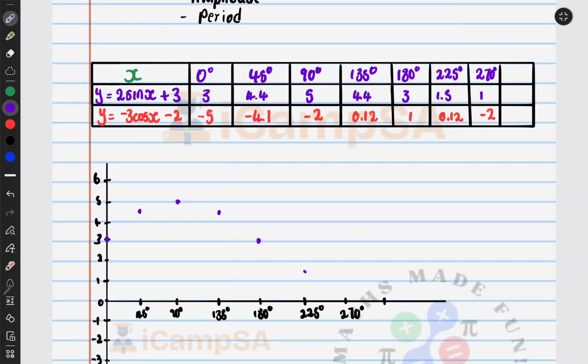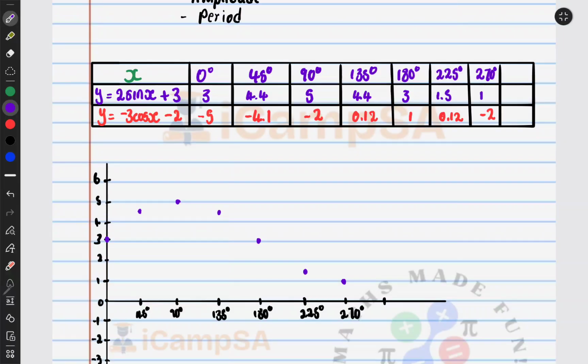So 1.5 will be around there, and then 270 and 1. Oh, what am I doing? That is 2. It's gonna be here, yes.